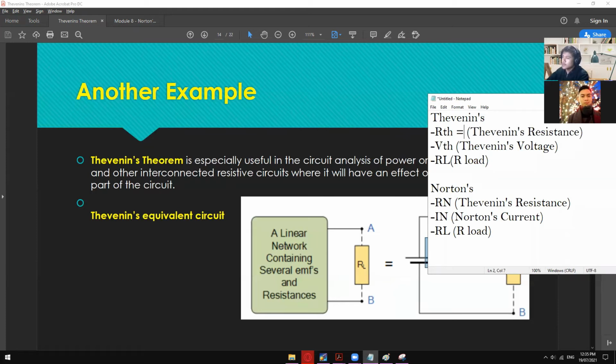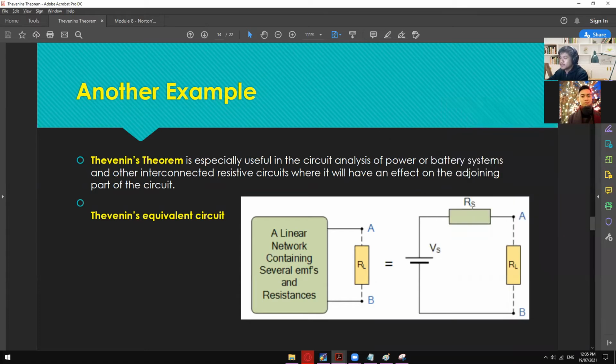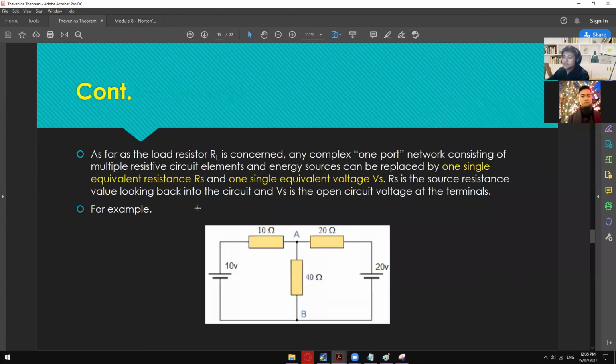So RTH is Rs, and VTH is equal to Vs. Those two are just the same. So Rs for RTH, and RL is still RL, which is our R load. Again, we have a similar example, just different values. So we have 10 volts, 10 ohms, 20 ohms, 20 volts, and then 40 ohms.